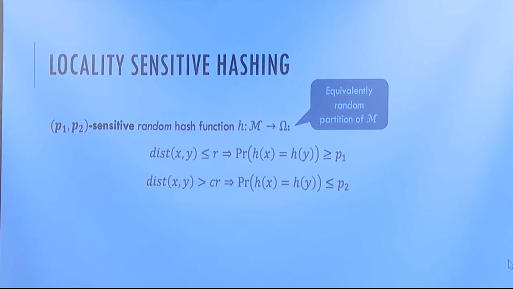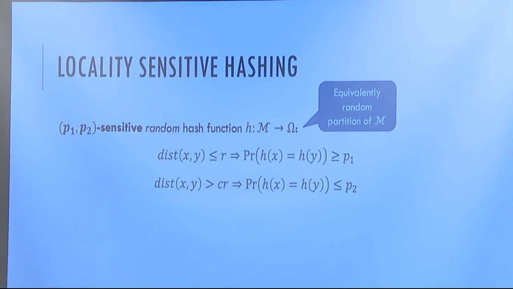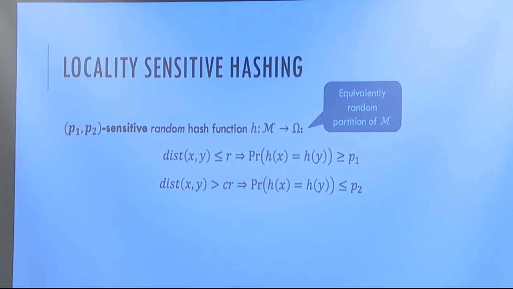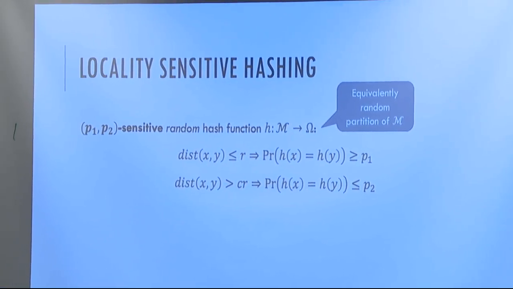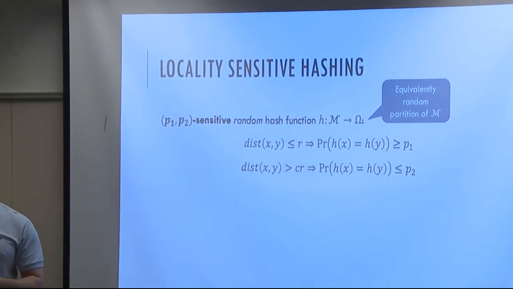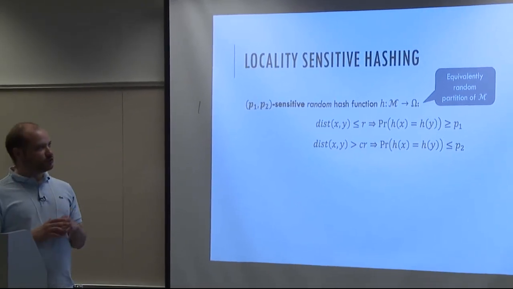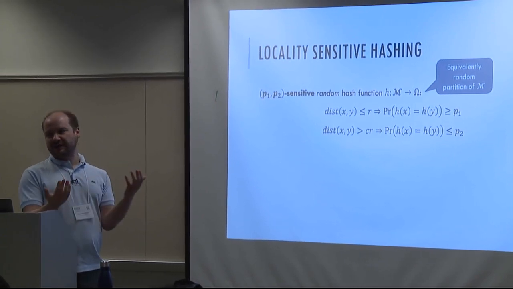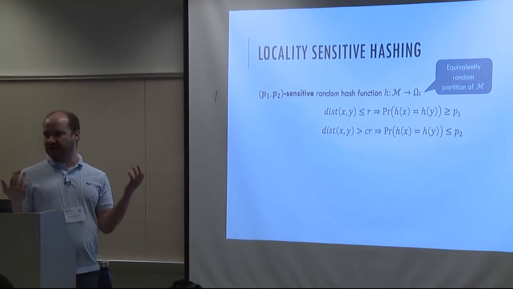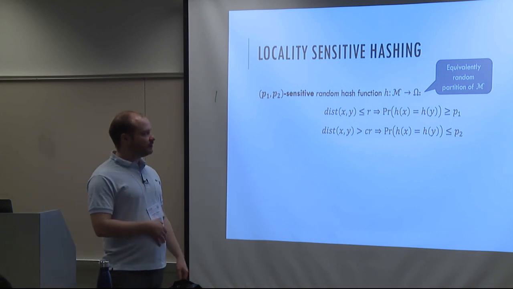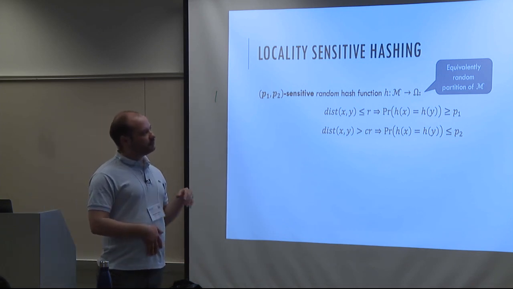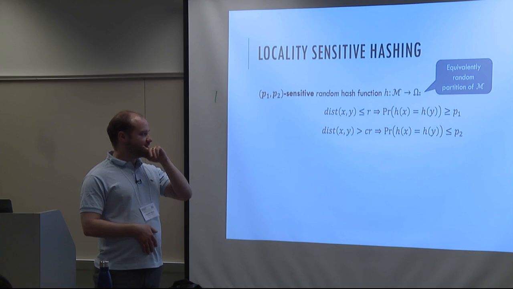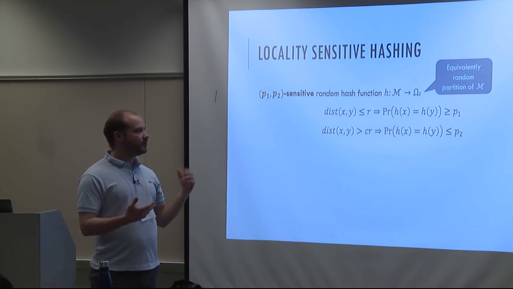Typically, in a classical second-year data structures course, hash functions just try to make sure nothing collides as much as possible. For near neighbor search, we want some collisions because we want to find a near neighbor. But we want the collisions to be more likely when points are close than when they're far. And it turns out that if we have that, then there's a fairly natural way to use these things to build a data structure.